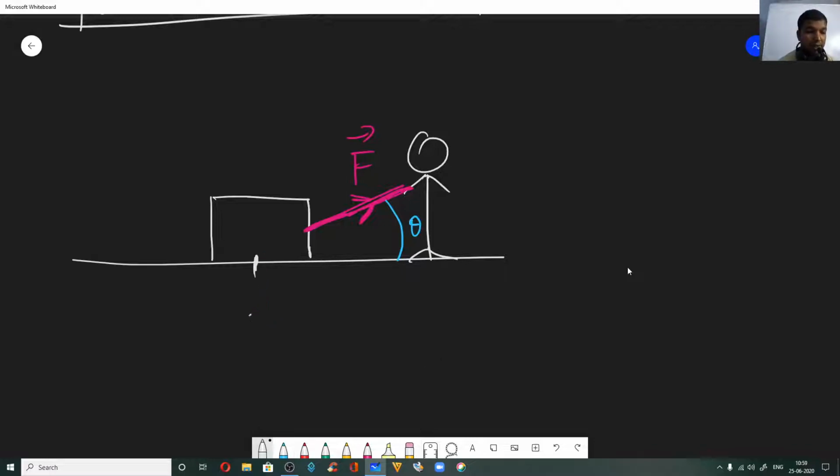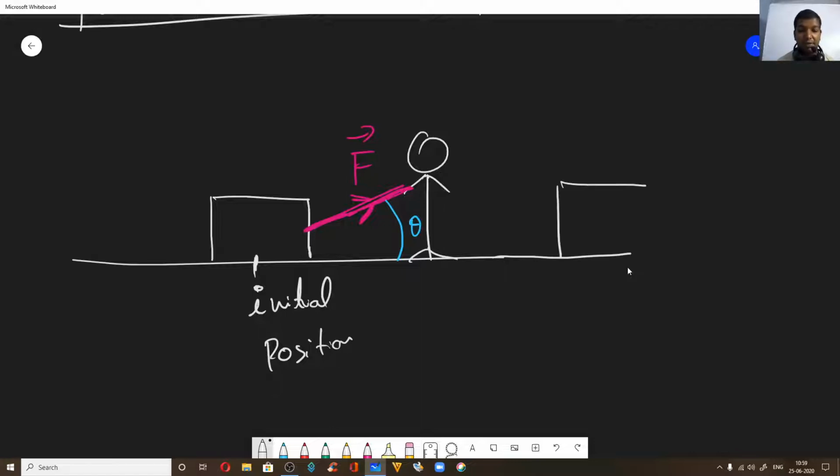Say this is the initial position of the box. After some time, the box has come here, and you are still applying the same force by pulling the box with the help of a rope over your shoulder like this.